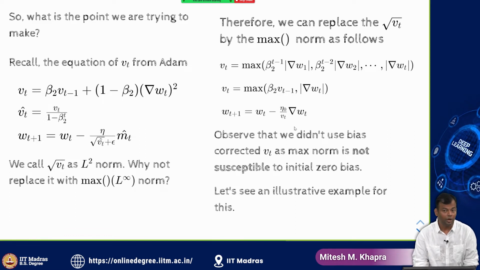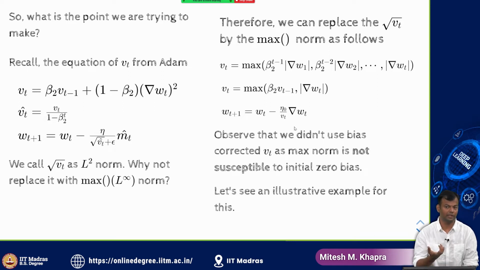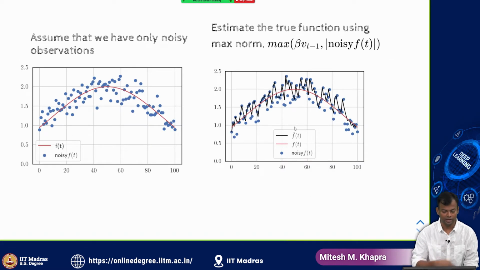And we did not do any bias correction for Vt, right? We are just going to take Vt as it is, because it turns out that the max norm is not susceptible to the initial zero bias, as opposed to the exponentially weighted average norm that we have. So let's see why that is the case. So this is what happens.